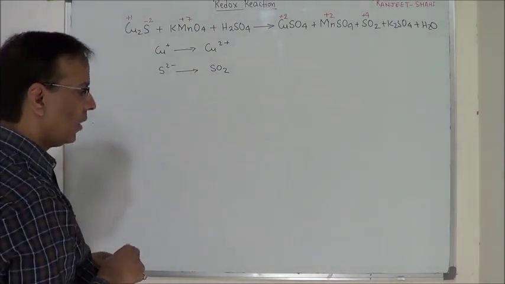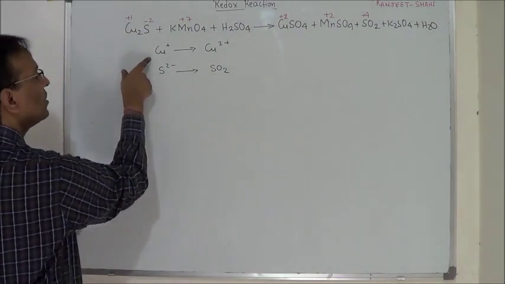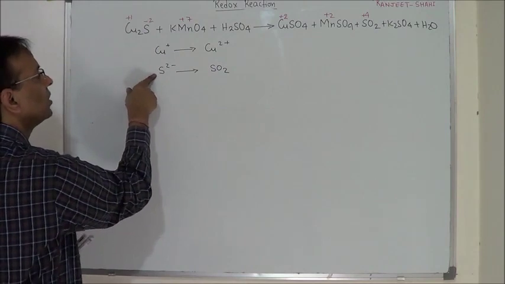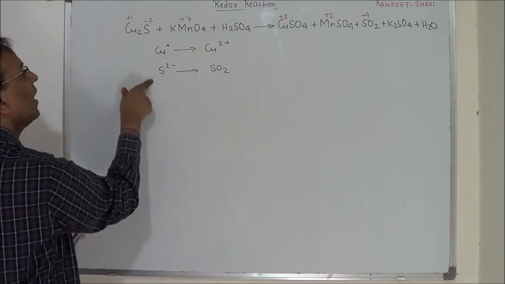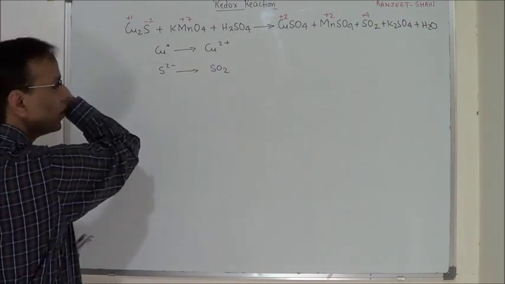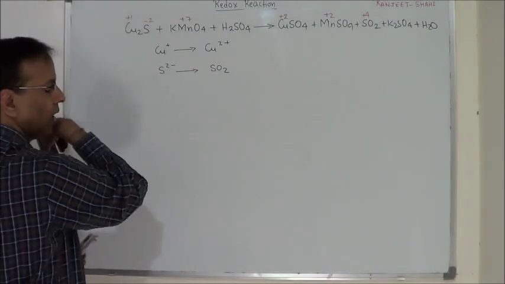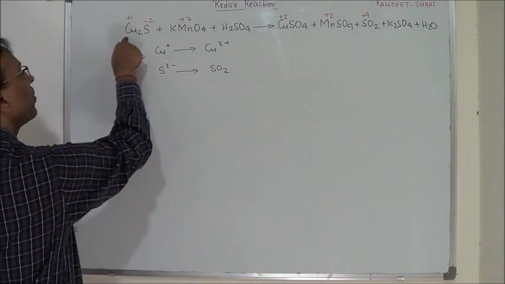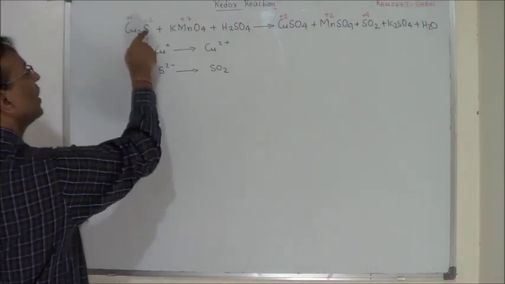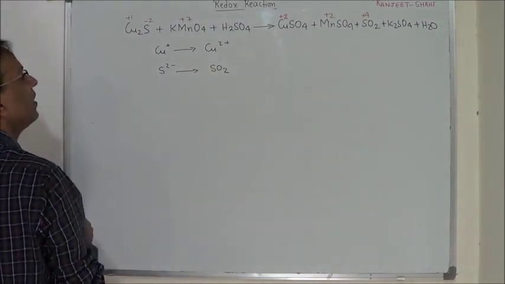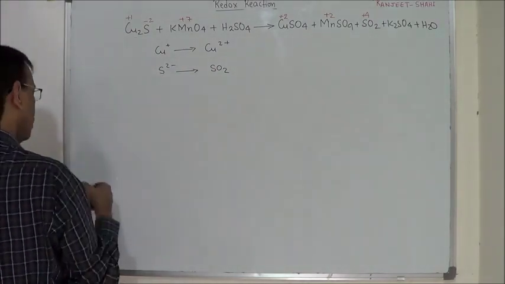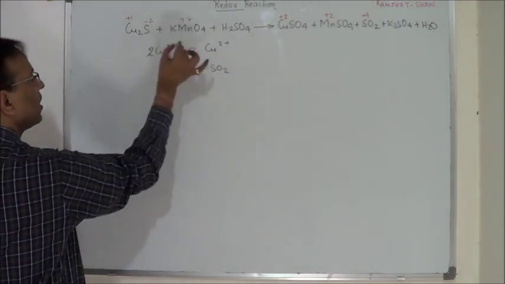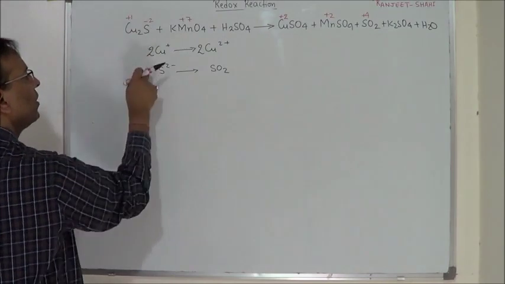Then we'll have to make the coefficients the same as the number of atoms in the original compound. In the original compound there is 2 copper, 1 sulfur, a 2:1 ratio, so we'll have to maintain that here. So 2 must be taken here, and sulfur 1.